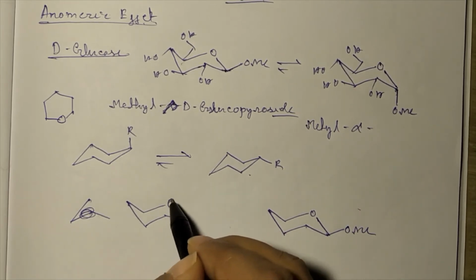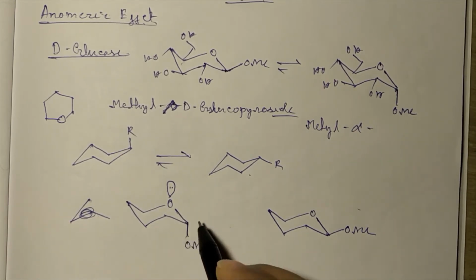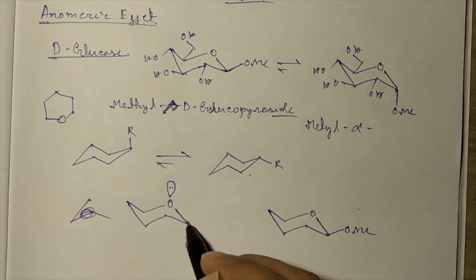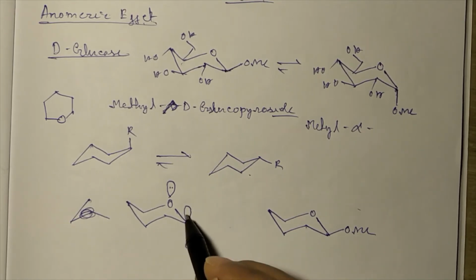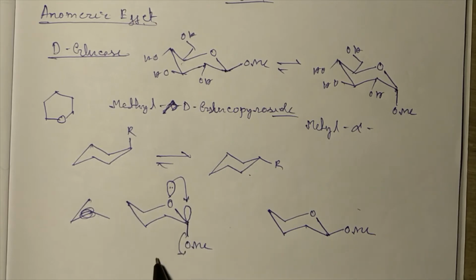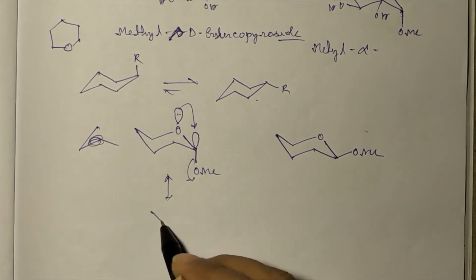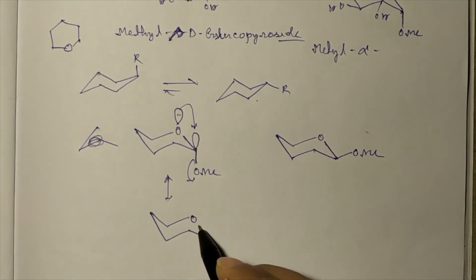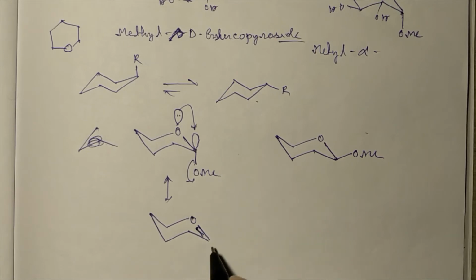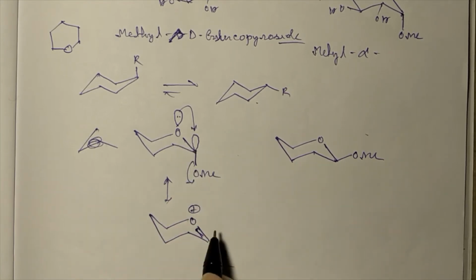Because here the lone pair and the sigma star antibonding orbital, which remains vacant, are mutually parallel, so here hyperconjugation will occur, and it will get stabilized.